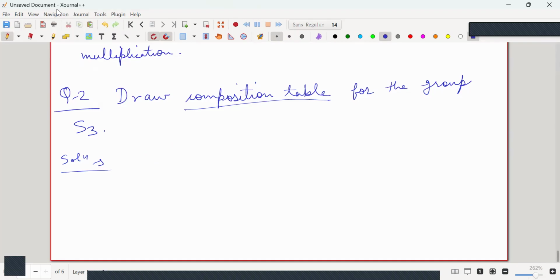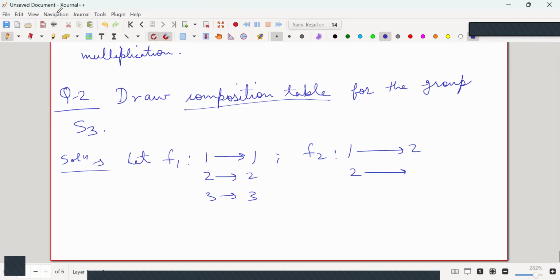We will stick to this way. Let F1 be the map which maps 1 to 1, 2 to 2, 3 to 3, and F2 be the map which maps 1 to 2, 2 to 1, and 3 to 3.